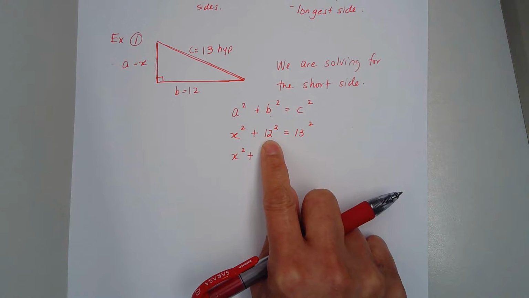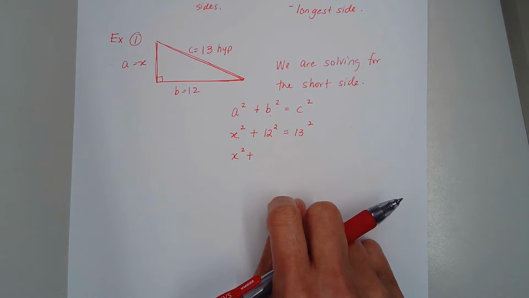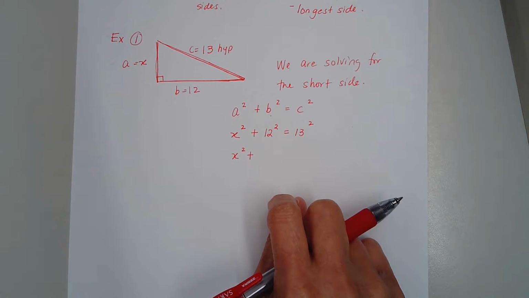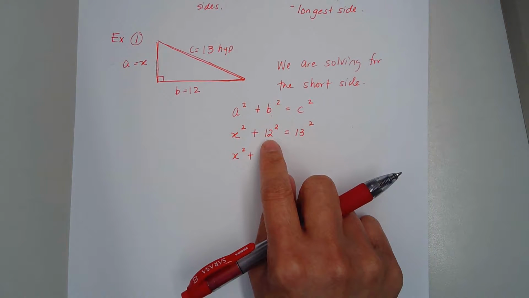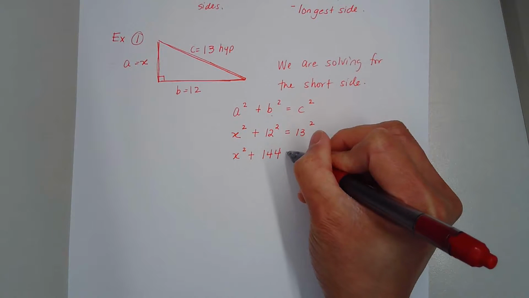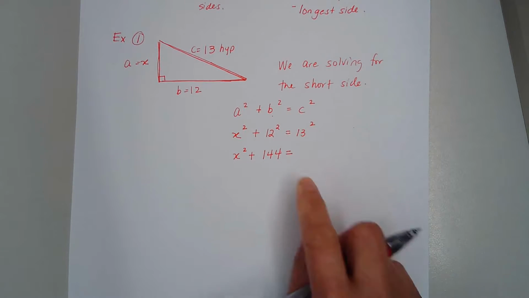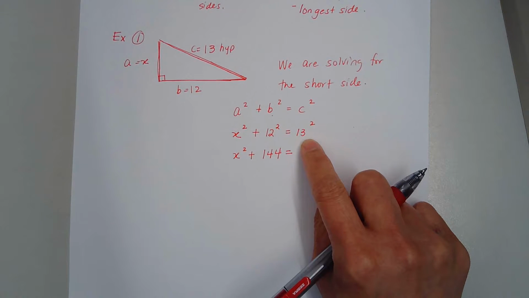What's 12 squared equal to? Yeah, use your calculator. Just 12 squared for now. 144. Equals. Okay, we can calculate this one, right? 13 squared.